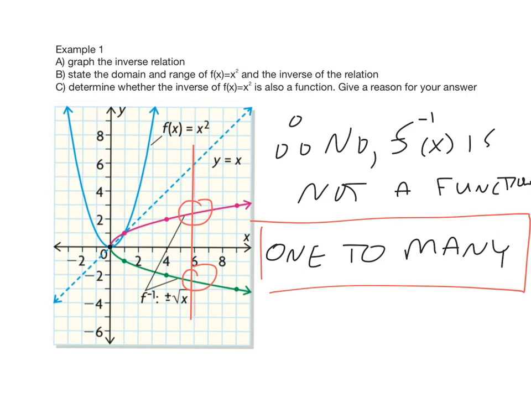And the only clue that we need to arrive at that from the equation is that the inverse of f(x) is equal to plus or minus the root of x. And because of this plus or minus, it tells us that it's also going to be one-to-many. All right, and the reason it's one-to-many is because we have an arm of a root function that opens upward, the plus, and an arm of the root function that opens downward, the minus.